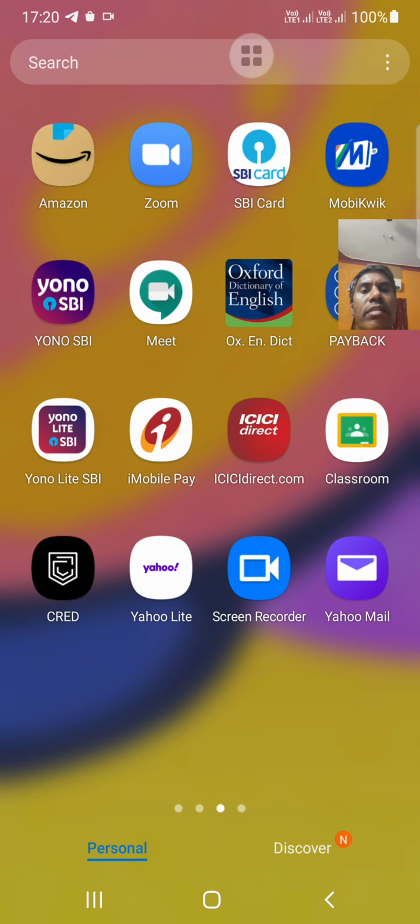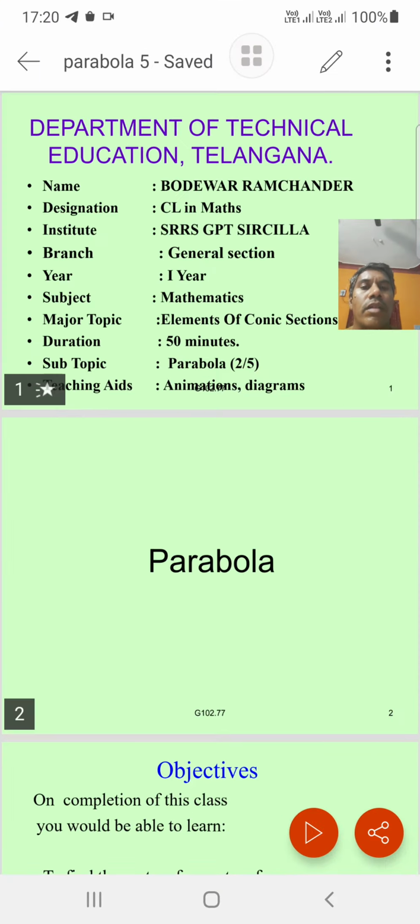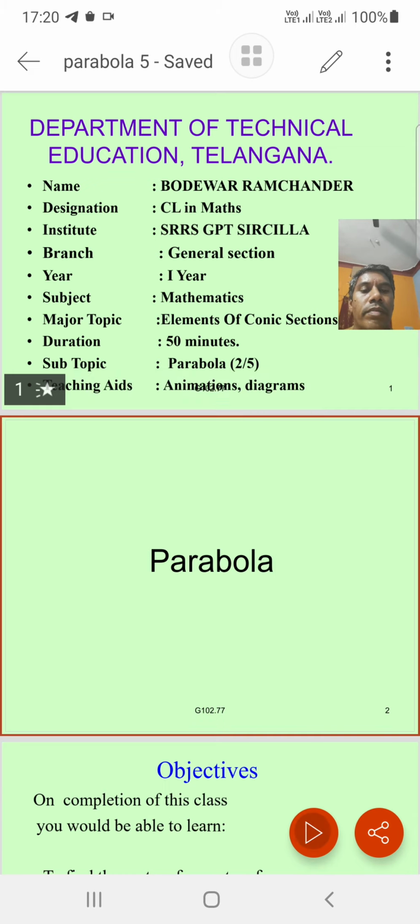In the previous class, we discussed conic sections, and in those conic sections we discussed the parabola, its standard equation, its definition and forms, and the parts of the parabola.